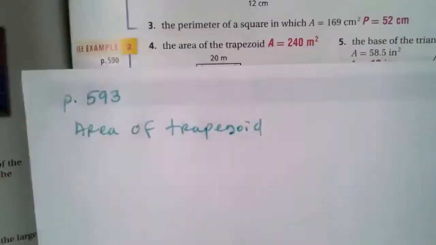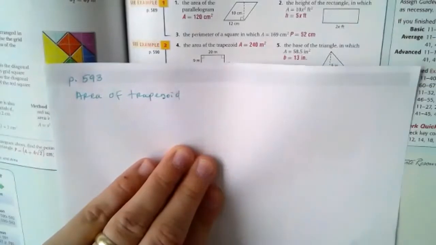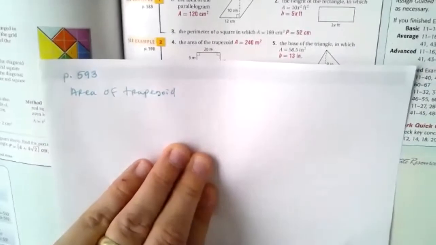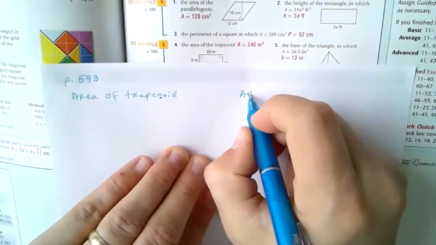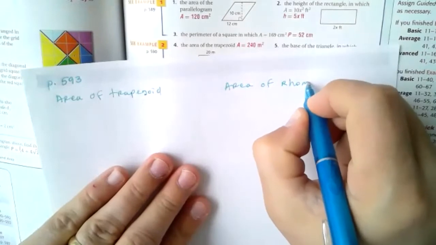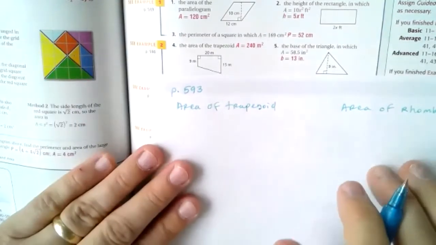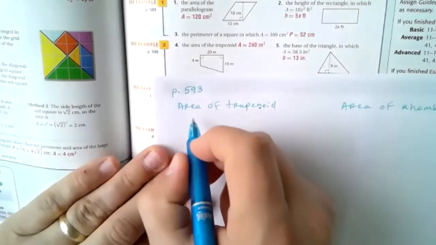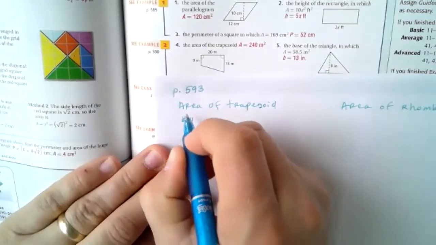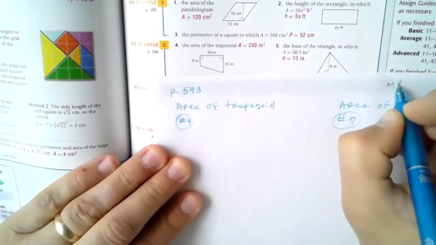Over here to the left, we'll do the area of a rhombus. Over here we're going to draw number 4 and then number 7. I'm going to put my name at the top.